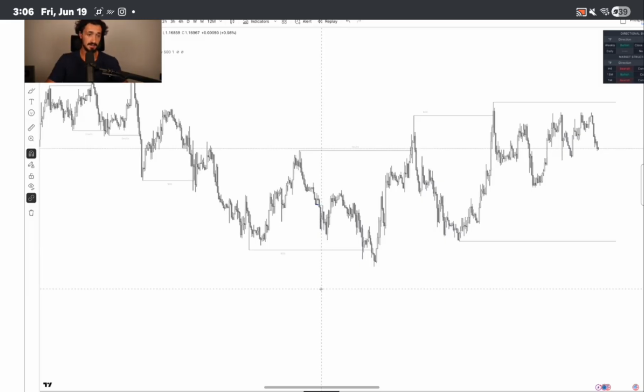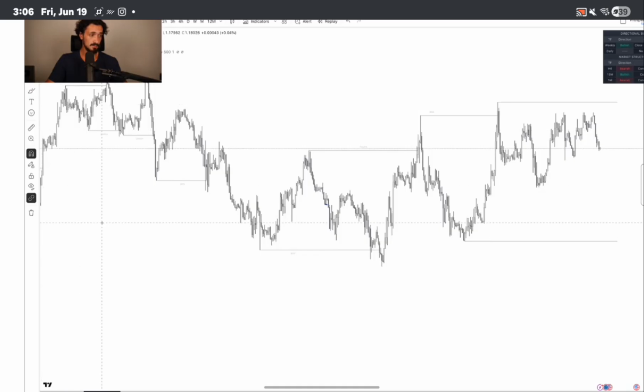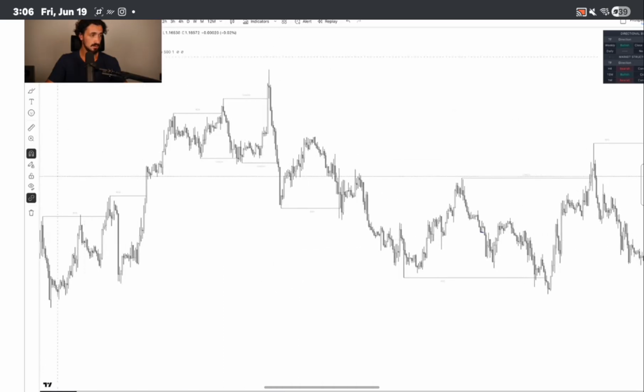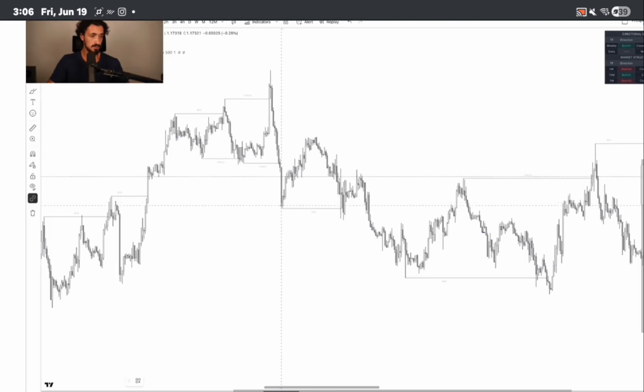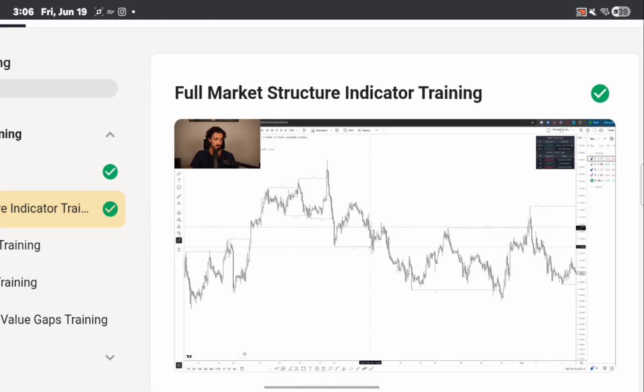If you were to do something like that, it would look something more along the lines of this. So you would choose a low, cool. You would choose a high, cool. So we break the low and we come up, we put in a high, and then we continue. And then, for example, after that, we would put in a low in here. We would put in a low in here.